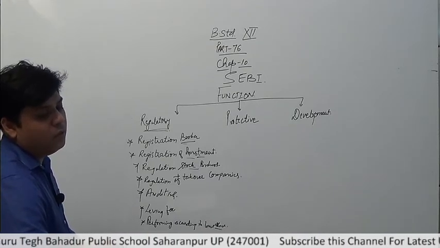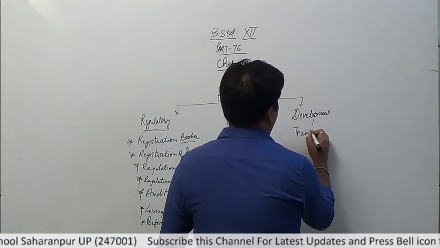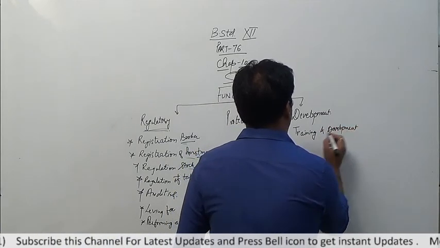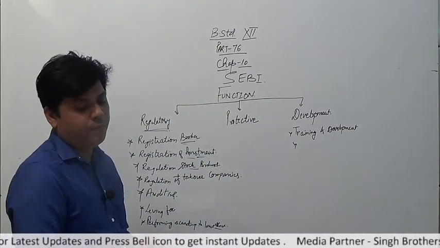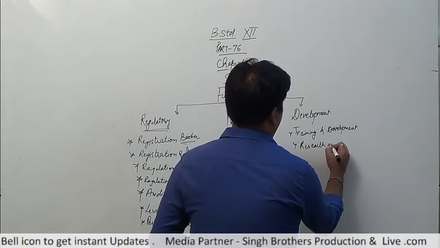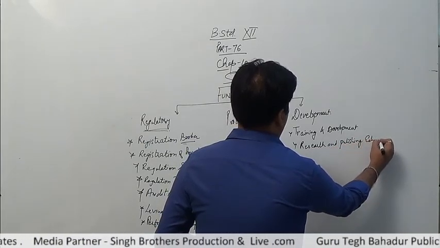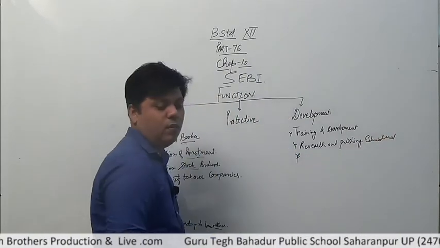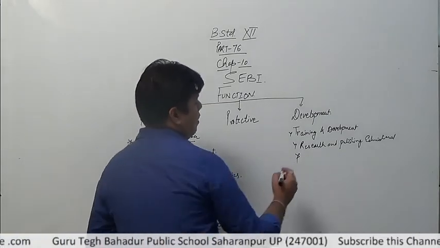The next function is the development function. What comes under the development function? Training and development of brokers. Train them on how to introduce schemes to investors, not to tell lies and so on. Okay, research and publishing educational information. And the third function is undertaking measures to develop the capital market by adopting a flexible approach.